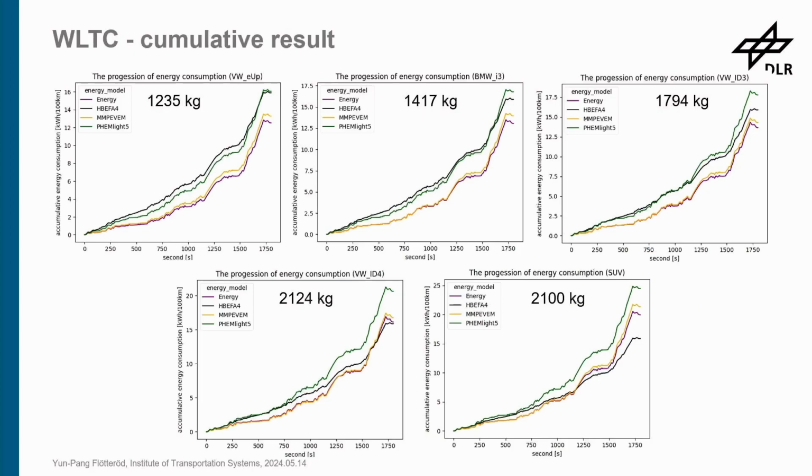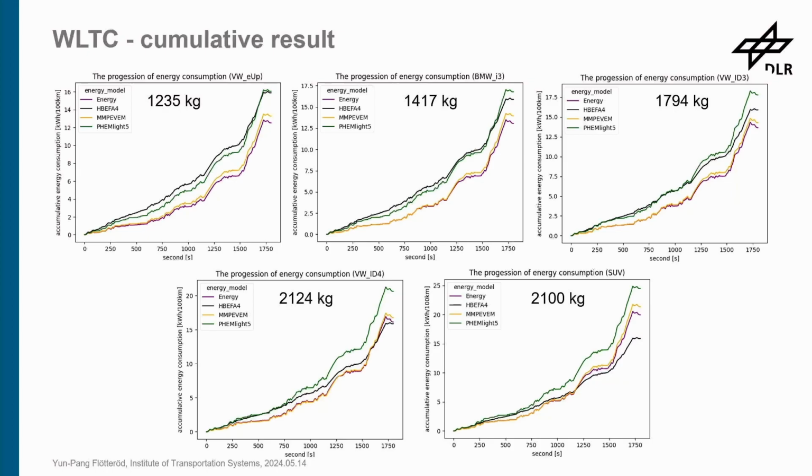So to the cumulated result, I just ordered them according to the vehicle weight from light vehicles to heavy vehicles. So you can see that the cumulated energy consumption of PHEMlight 5, indicated in green, is very close to that of HBEFA 4 when the vehicle is relatively lighter.